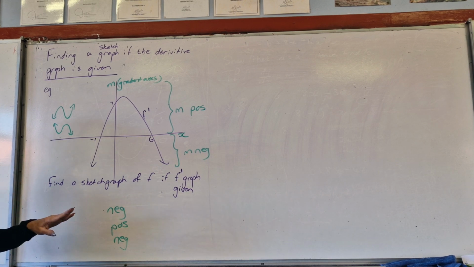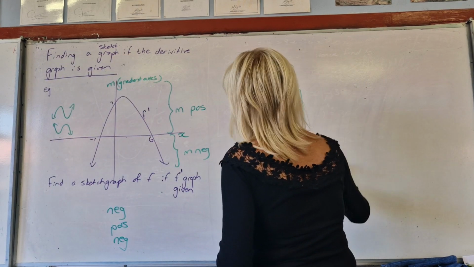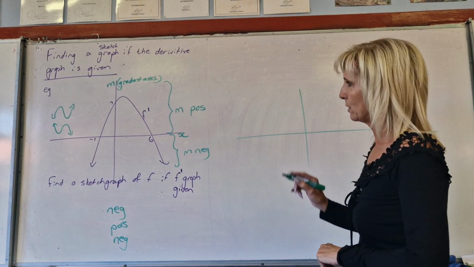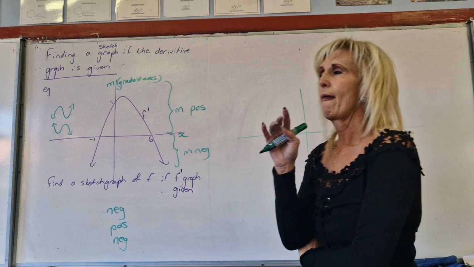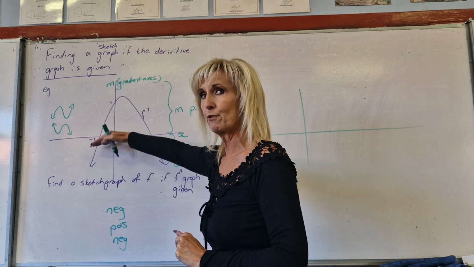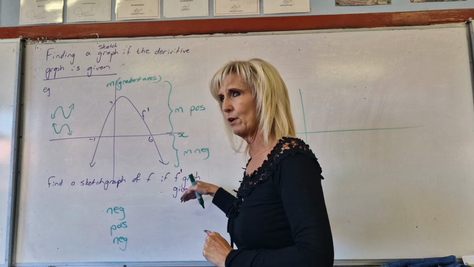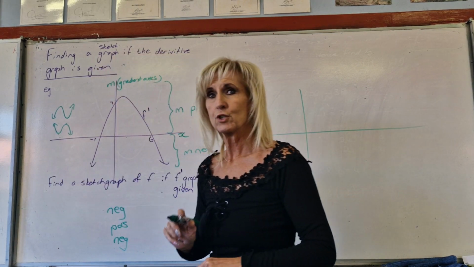Sketch graph only. So if I have to do this on a graph, I would say, okay, where's the turning point though? Where does this direction change take place from a negative gradient to a positive gradient to a negative gradient again? It changes at the turning points.